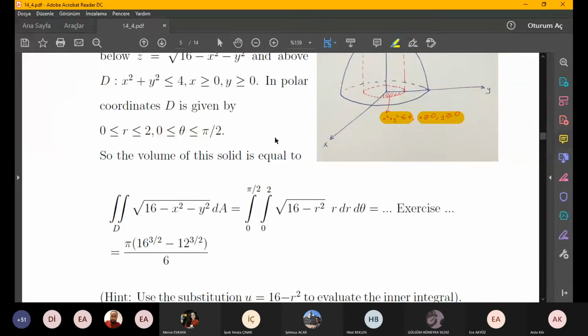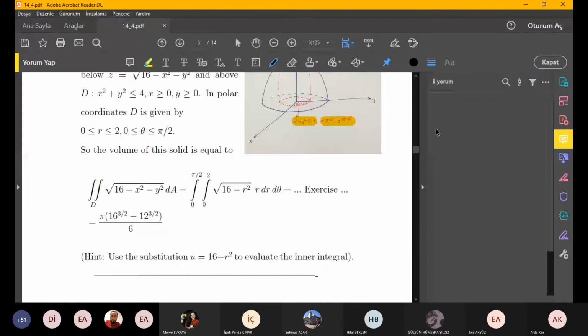So here is 2, right? Here is 2, and also of course here is 2.